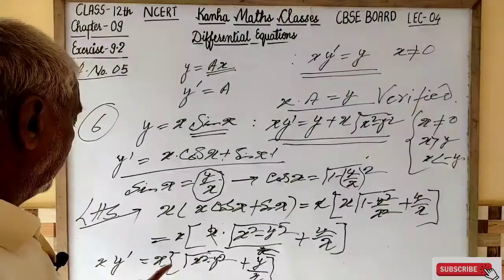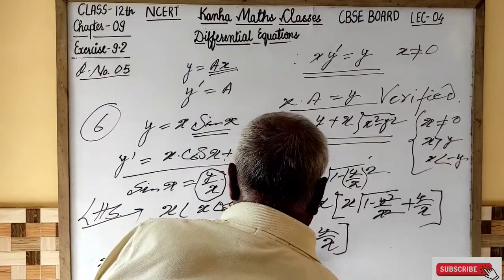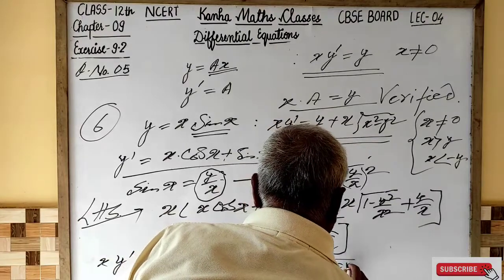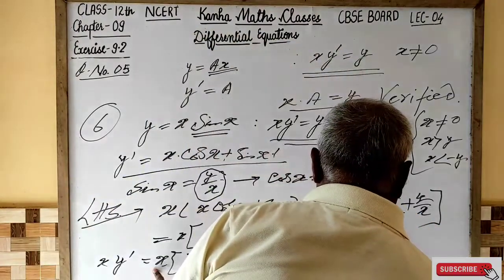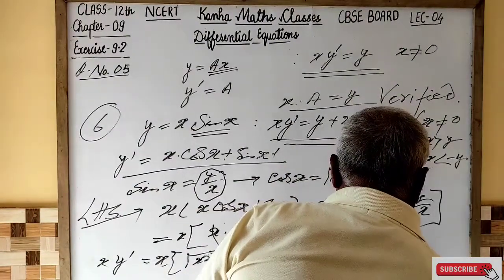If you multiply by x within the bracket, you will get x under root x square minus y square plus x into y by x.